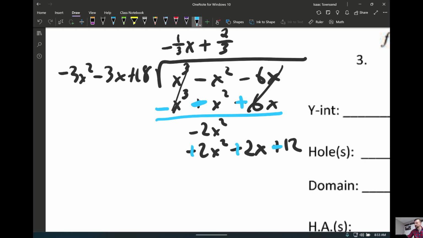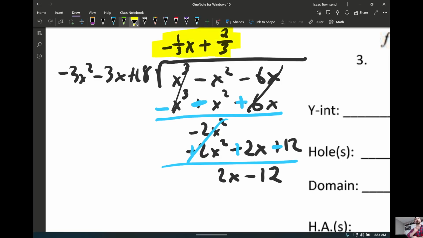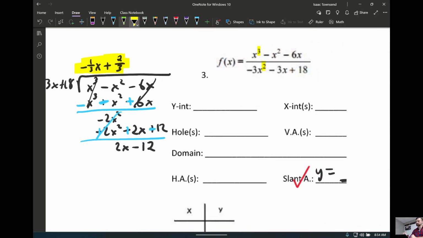Change the signs and add. And it looks like we end up with a remainder of 2x minus 12, which is important for most mathematics, not important for slant asymptotes though. It's just the quotient. Y equals the quotient is going to be the equation of our slant asymptote.